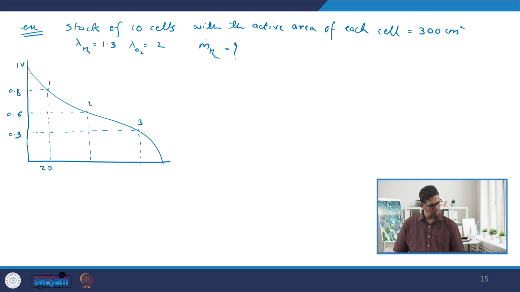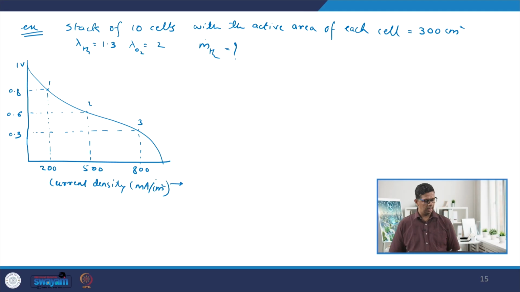This is somewhere around 200, this is 500 and this is 800. They are all current densities. So, let me write that, current densities. That is a new term, in milliamps per centimeter square. We will have a look at what this current density means after this numerical.